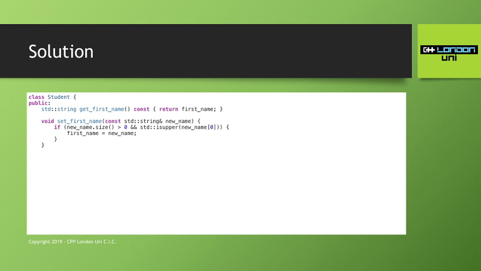So we check that the size is greater than 0 and that the character in position 0, remember C++ counts from 0, is uppercase. Those are the conditions that we want to ensure. So if these two things are correct, we update our first name field with the new name we were given.